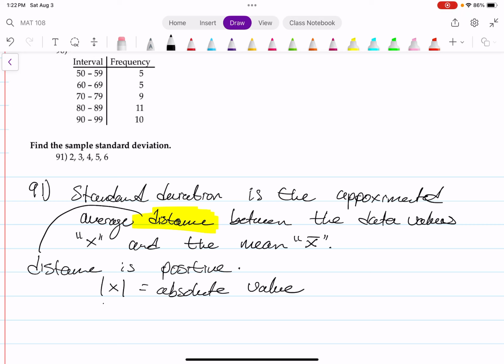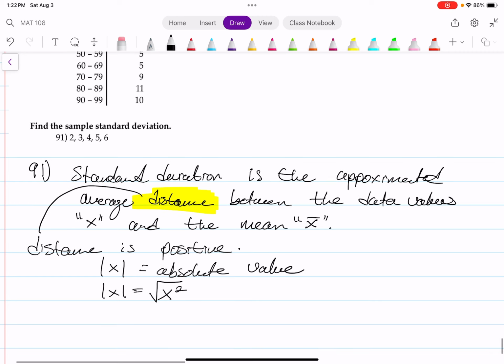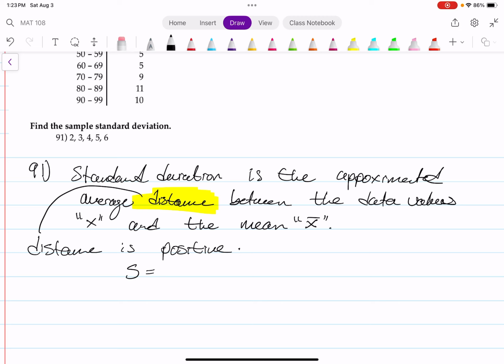The absolute value is a piecewise function, but I'm not going to go down that route. It equals the square root of the value squared. You are squaring a value. Whenever you square a real number, it comes out as positive, whether the real number is negative or positive. So the standard deviation is going to be in a similar format. The standard deviation, S, is equal to the square root of, well, remember, it is the average distance.